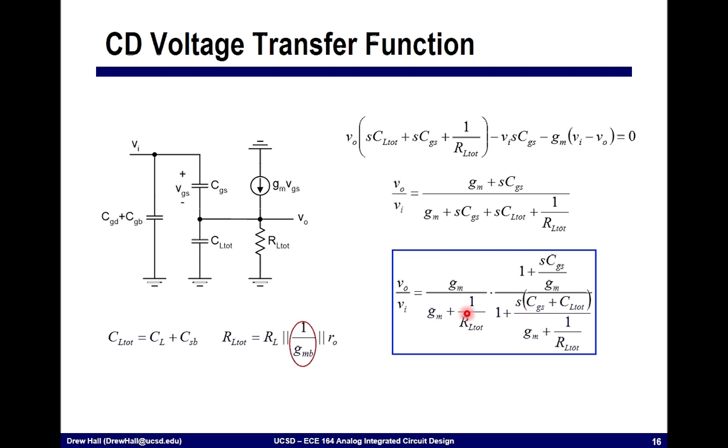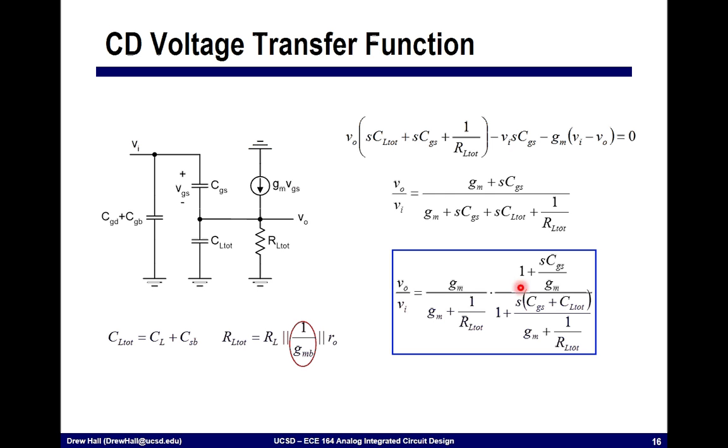If we think about this another way, we could multiply this RL on the top and the bottom, and we'd have GMRL divided by 1 plus GMRL. So in this sense, it's actually pretty easy to see that the gain is very close to 1, right? Depending on the quantities of GM and RL, a typical value may be something like 0.8.